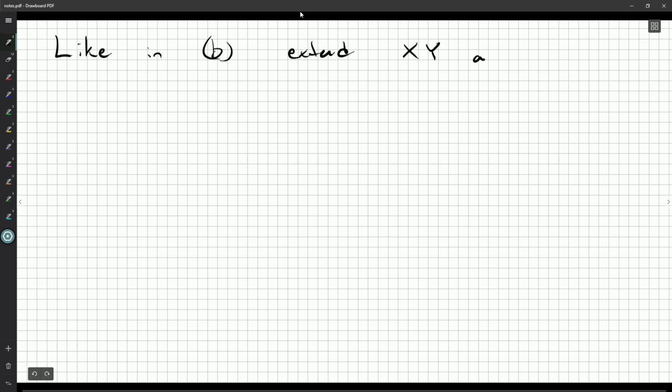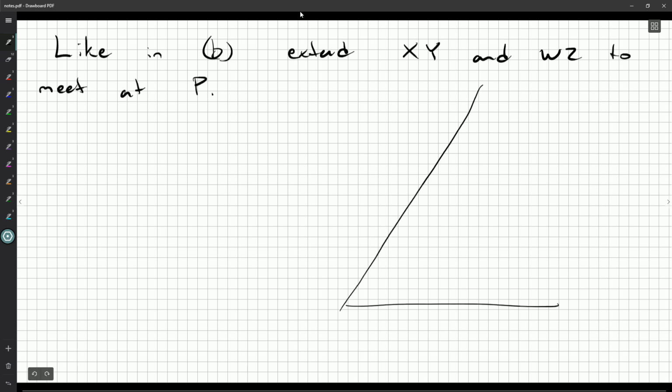So we can say something like, in B, extend XY and WZ to meet at P. Now, where can we go from there? Well, let's draw a picture here. I think we should probably give a name to this integer that we know about.